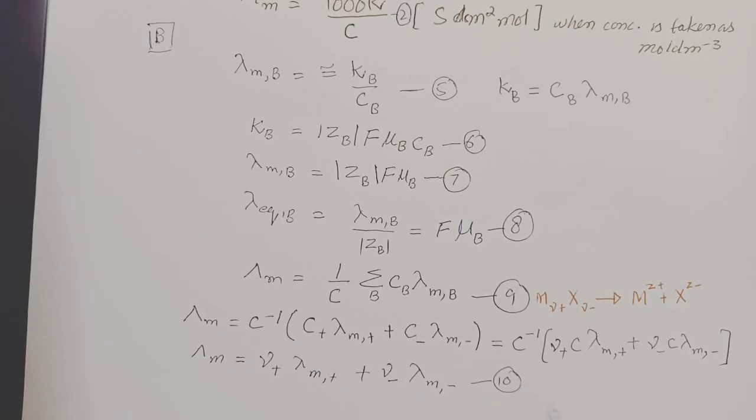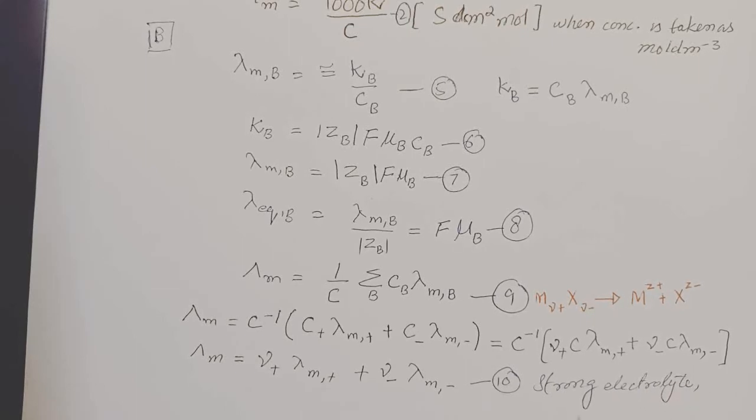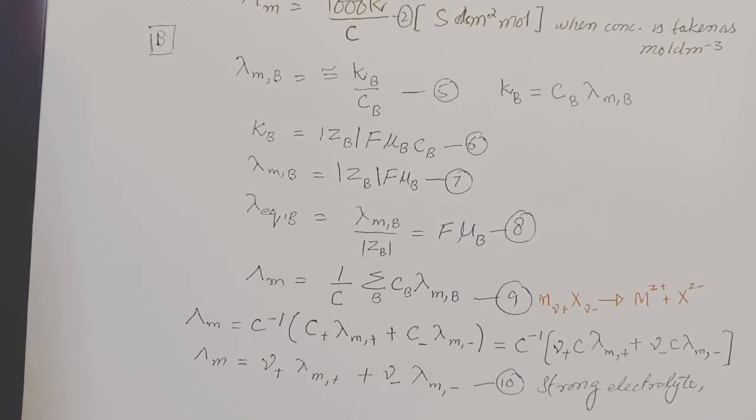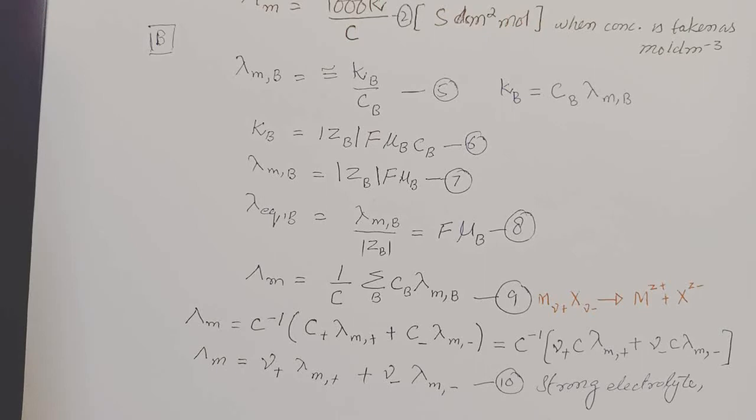That is equation number 10, or that is for strong electrolyte, which means that there are no ion pairs.